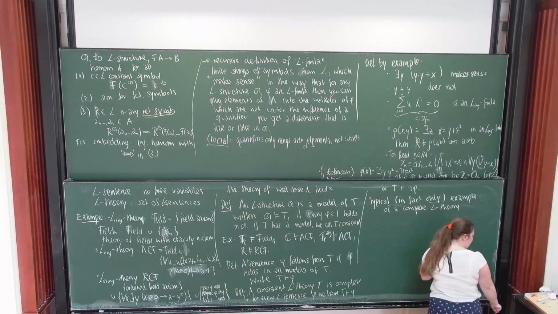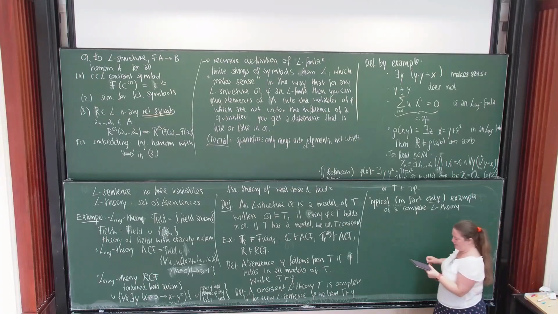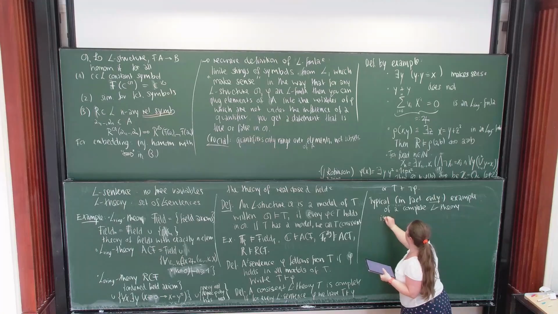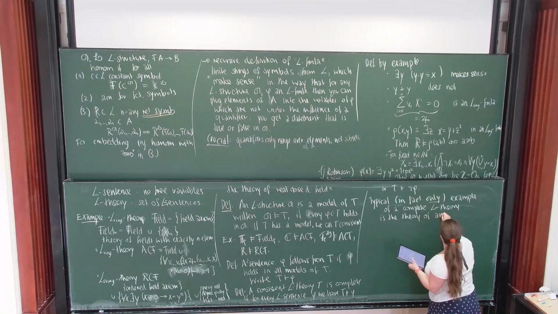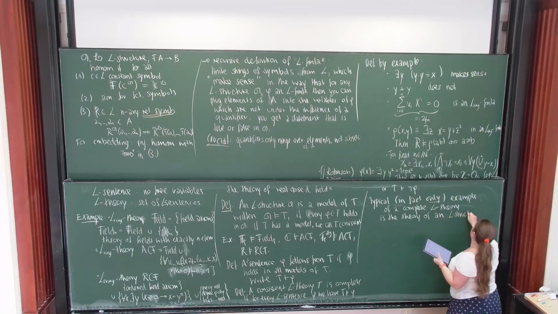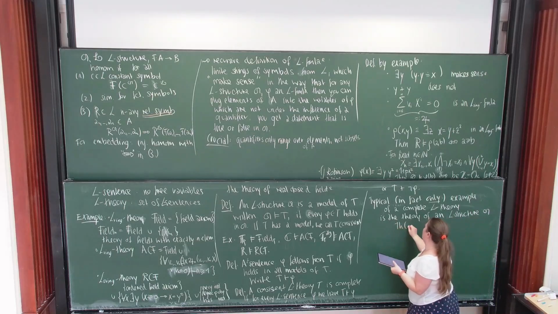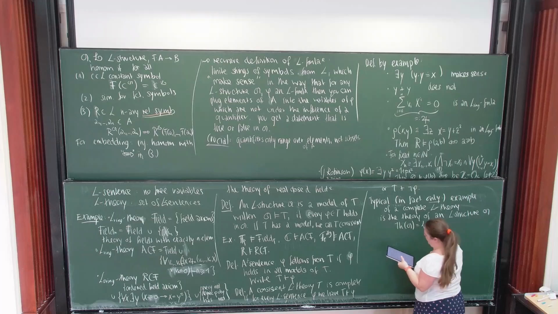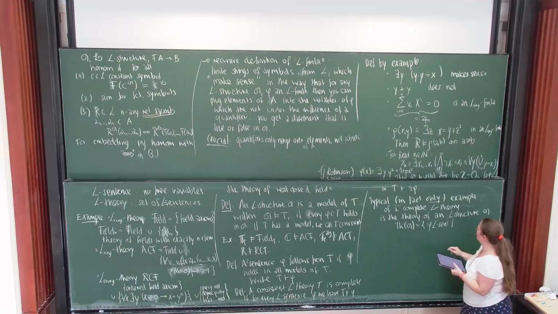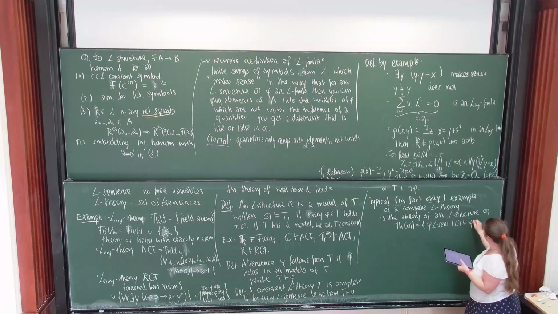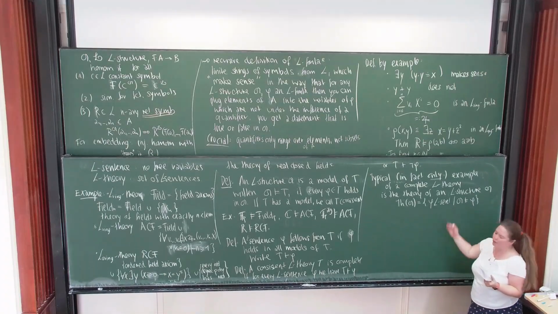Well, in a structure, I can just, for every sentence, check whether it's true or false. So if I look at the theory of an L structure A, by this I mean the set of all L sentences phi such that phi holds in A. And because in a given structure everything is either true or false, this is a complete theory.